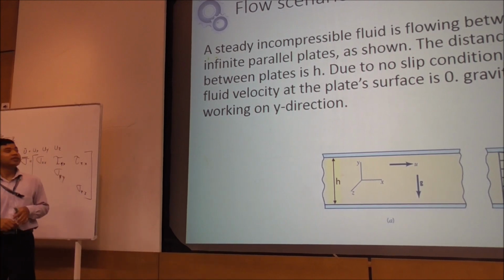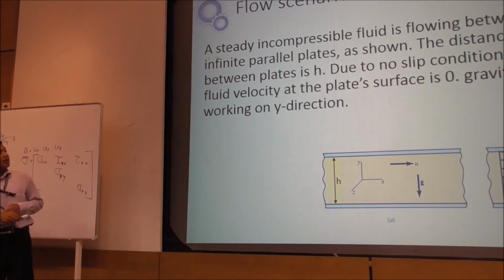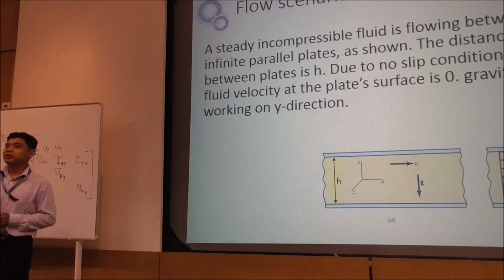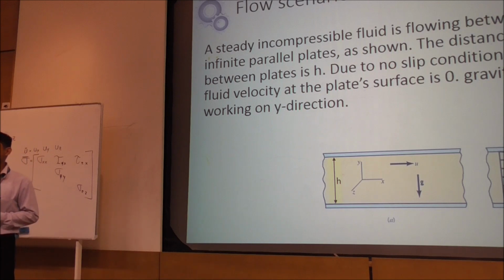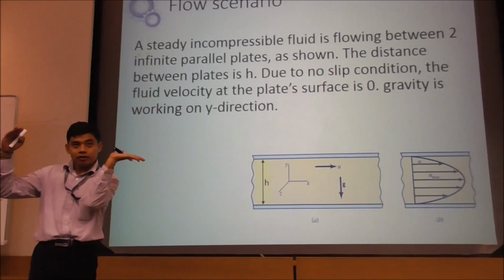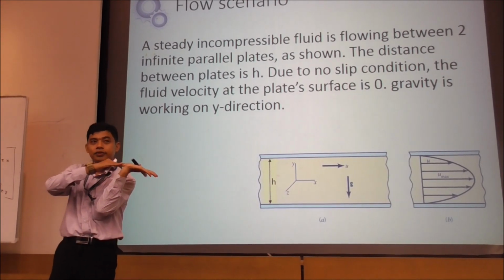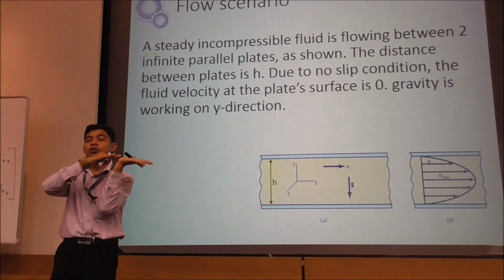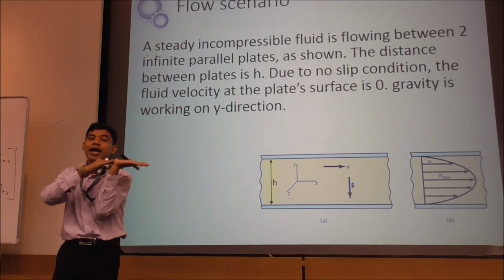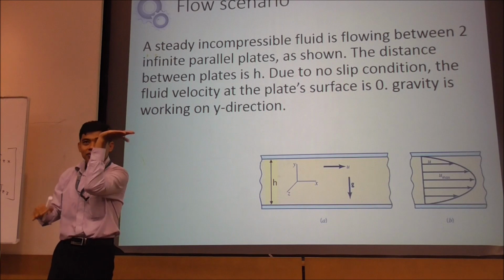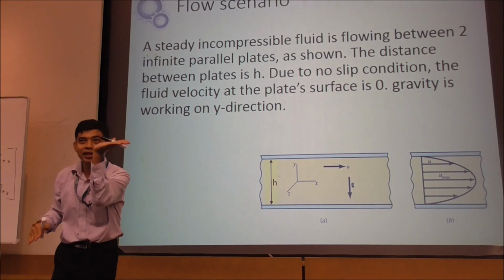Act 1, Scene 1. You have incompressible flow flowing between 2 infinite parallel plates. Due to the no slip condition, you remember what is the no slip condition? When a fluid flows and makes contact with the surface, the fluid will have the velocity similar to the velocity of the surface.